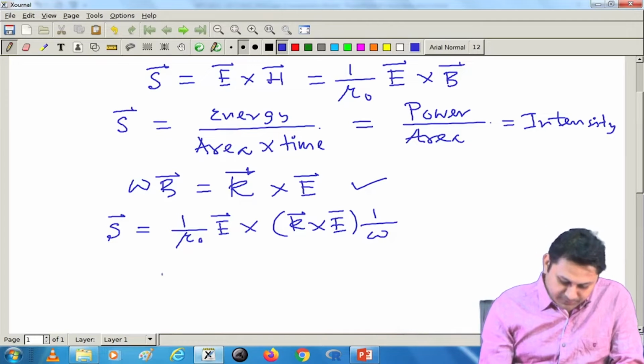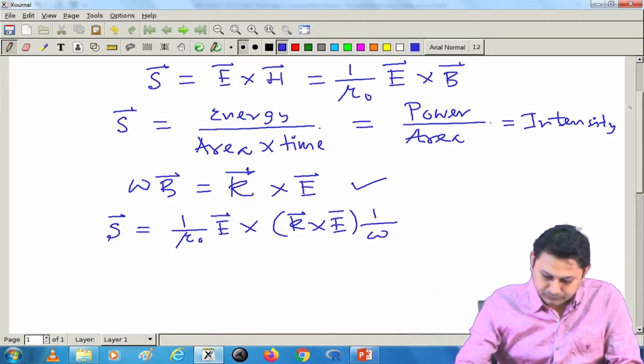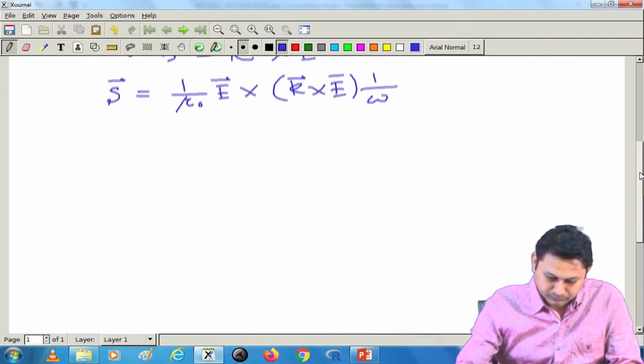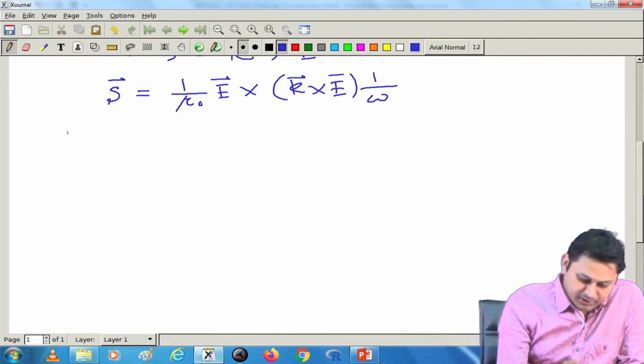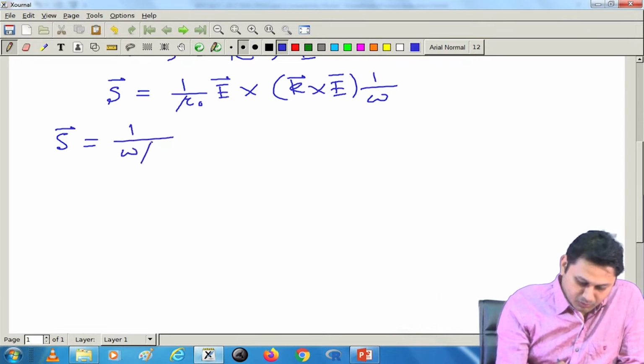So, S is equal to 1 divided by omega mu 0, vector E cross k cross E.